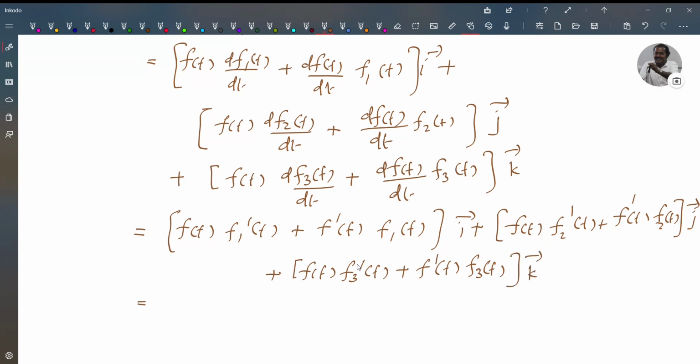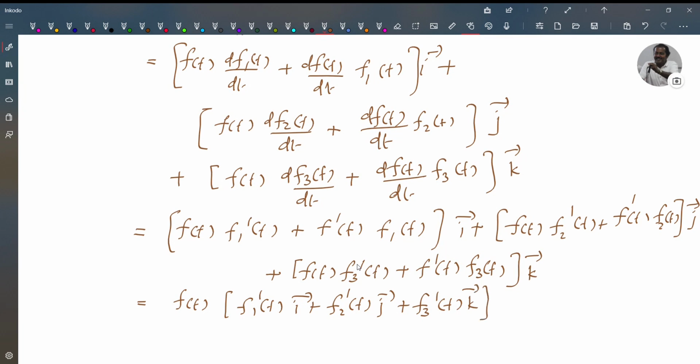Club terms with f of t and terms with f prime of t. So this is equal to f of t into f1 prime of t i plus f2 prime of t j plus f3 prime of t k.